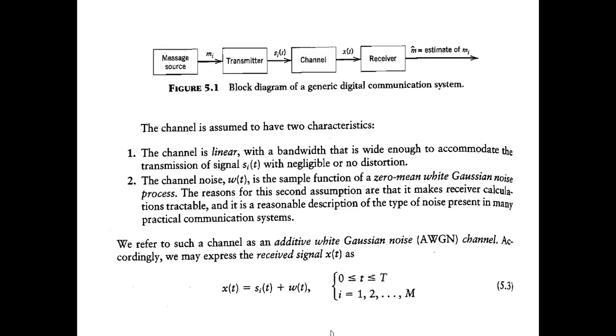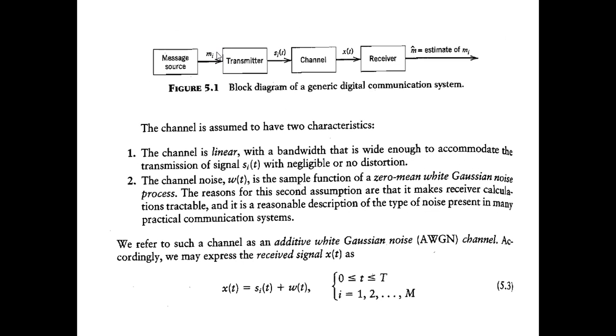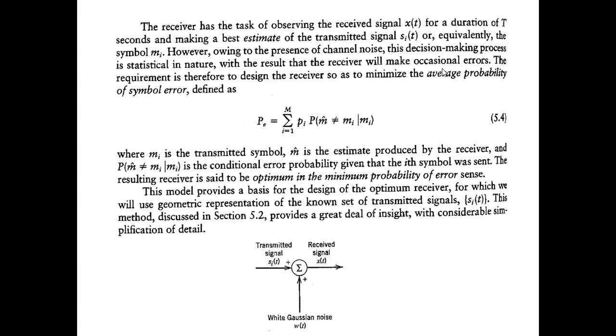What is the task of the receiver in a digital communication system? The receiver observes the received signal x(t) over a duration of T seconds and makes the best estimate of the transmitted signal si(t), or equivalently the symbol mi. If the symbol mi is transmitted, then it estimates m-hat, the best estimate of that symbol at the receiver side, to identify the correct signal.